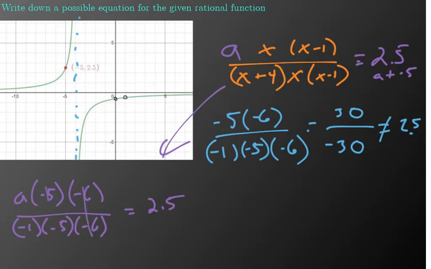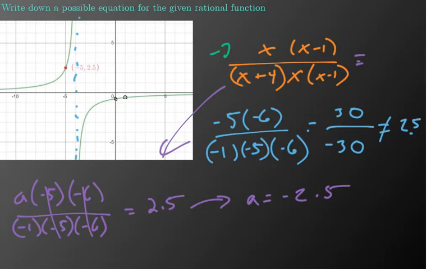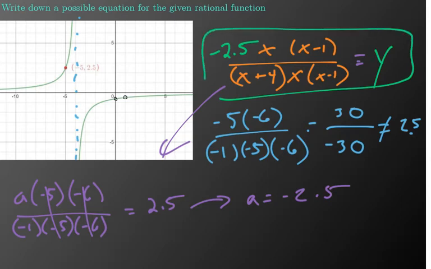Then this is canceling, this is canceling. You can see that A basically needs to equal -2.5, right? If you go and plug that in, then you will get that necessary condition right there. So for the sake of not having to rewrite a bunch of stuff, I'm just going to put a negative 2.5 there, put a little y equals, and you're done, okay?